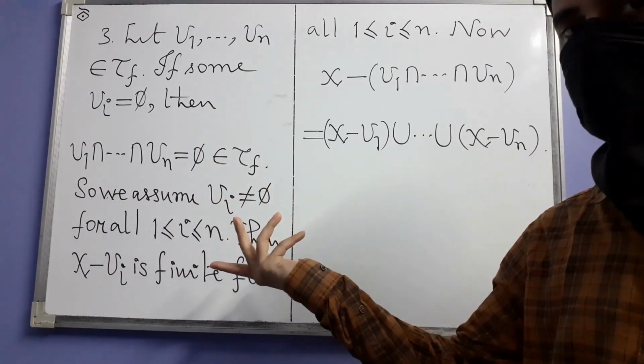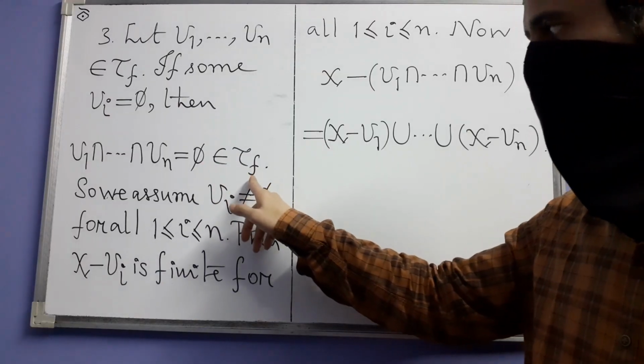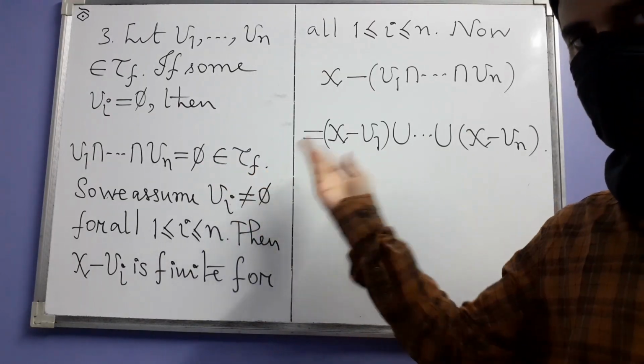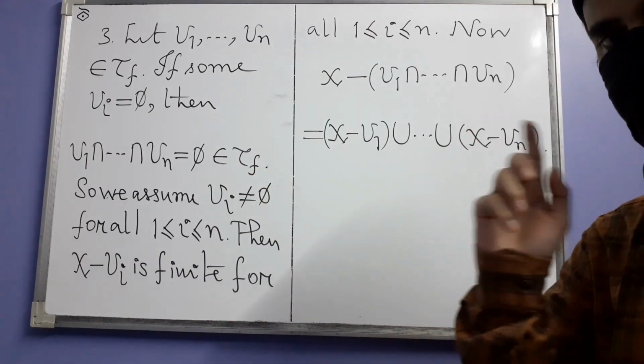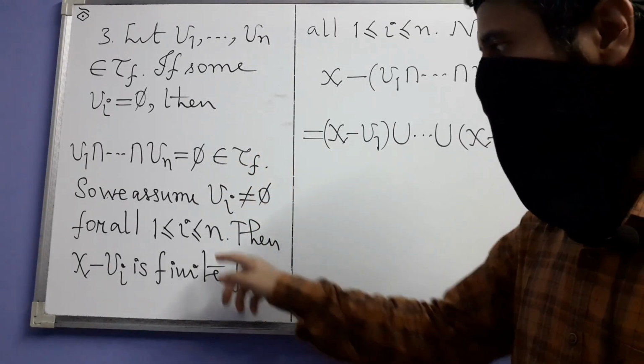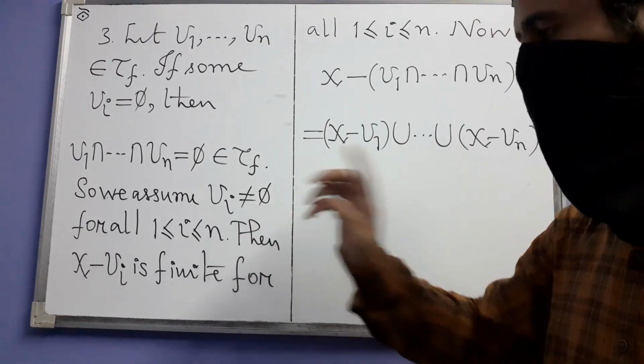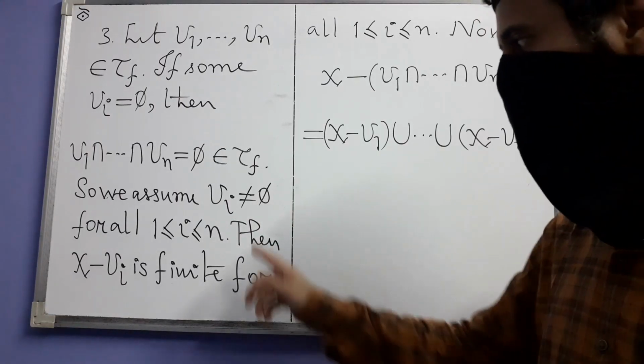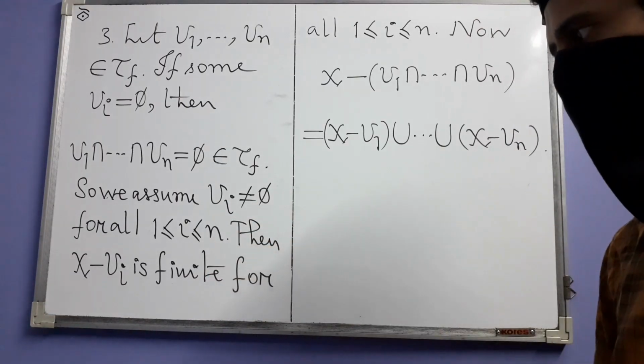The intersection will also be empty, which is in tau f. We already verified this fact when we verified axiom 1. So in that case we are done. So let us assume that no U i is the empty set. U i is non-empty for all these i's.